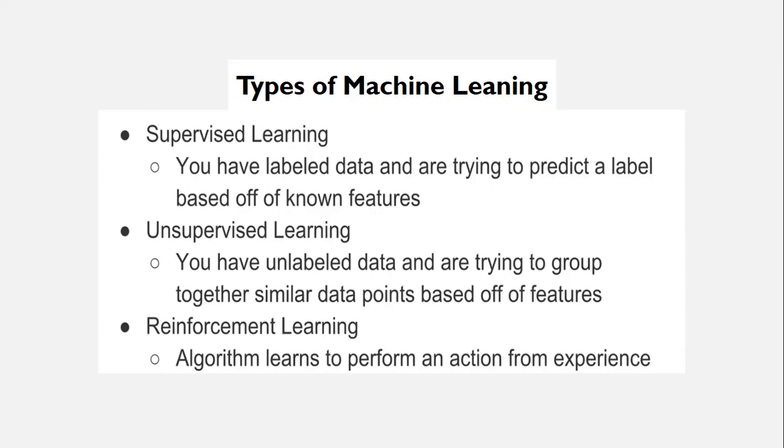So how do we go about it? That's why they say trying to predict a label based off of known features. The one we want to predict is column D. So that's just a quick example of supervised learning.